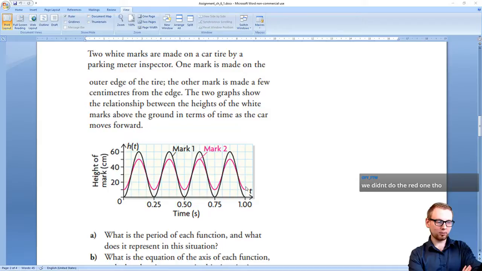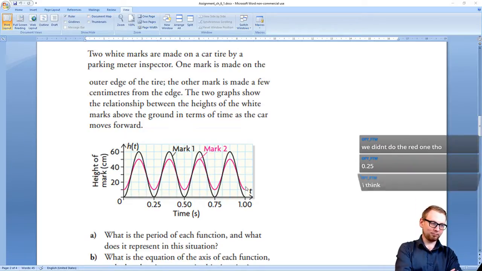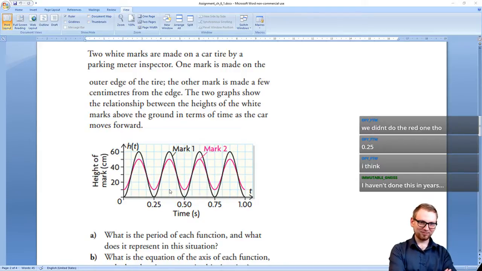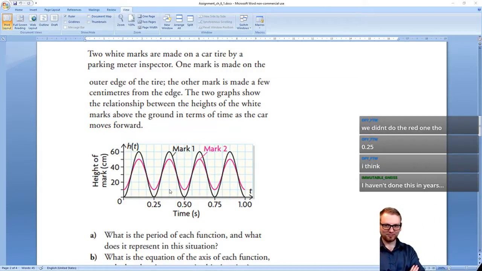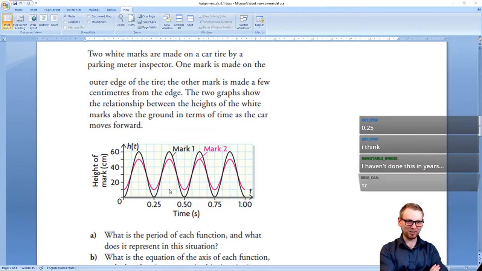Well, do it. What is it? What's the period of the red one? Yeah. Same thing. It's just at a different point. It still does the same cycle. Yeah, I know what you mean by you haven't done it in years.